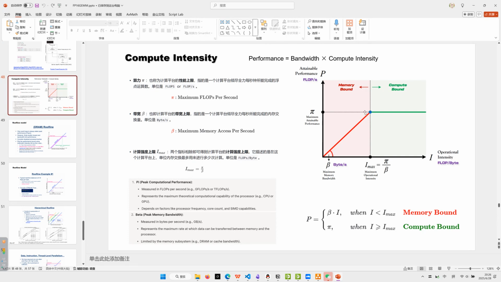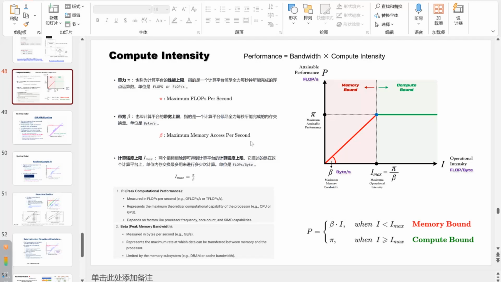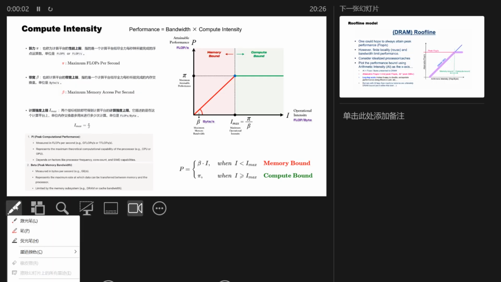So when you are in this triangle area, that ranges from the red line and the x-axis and this Imax axis, it will be memory bound.